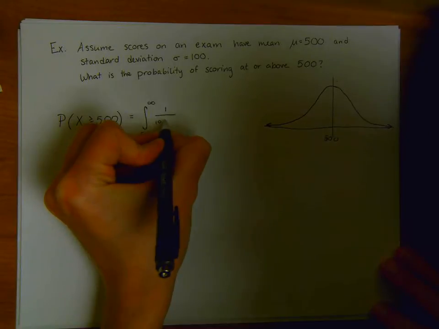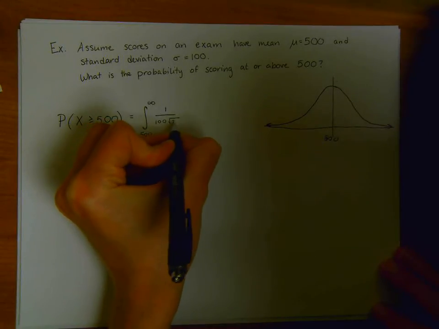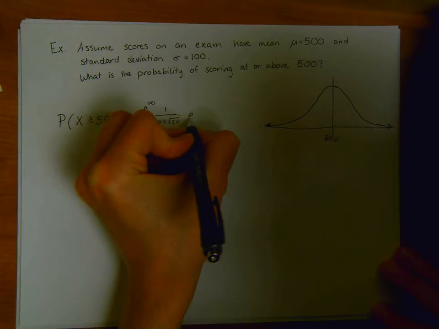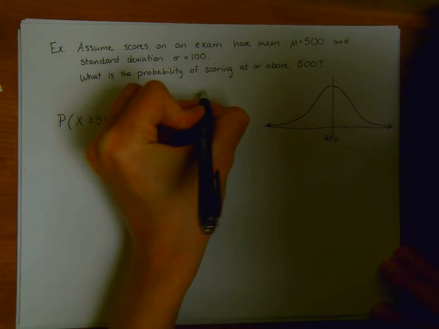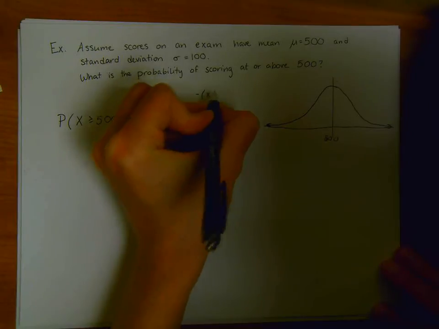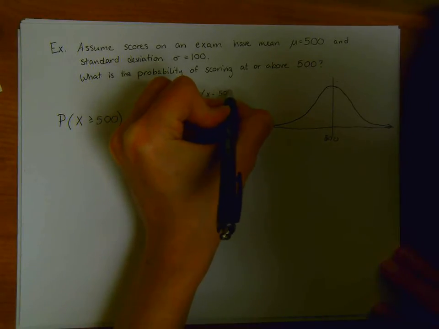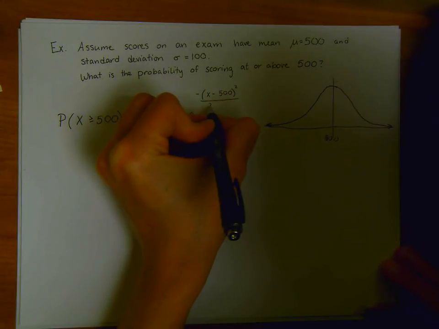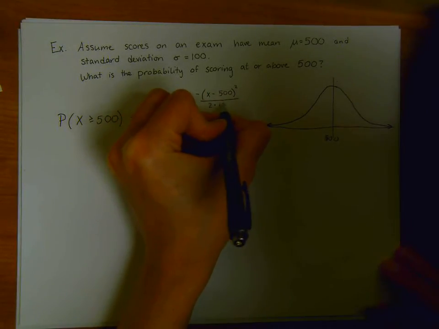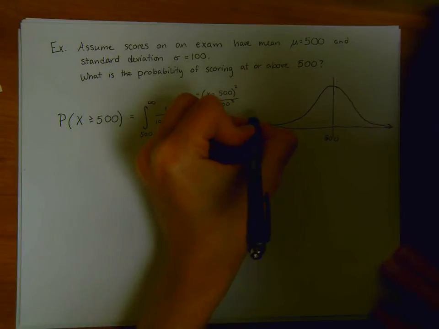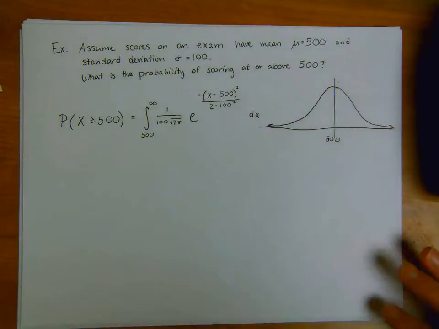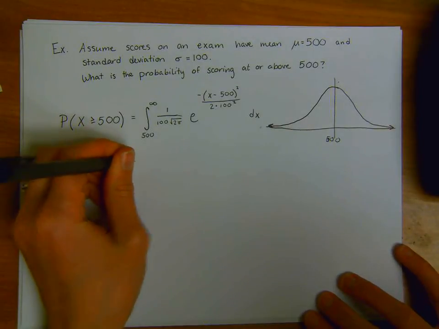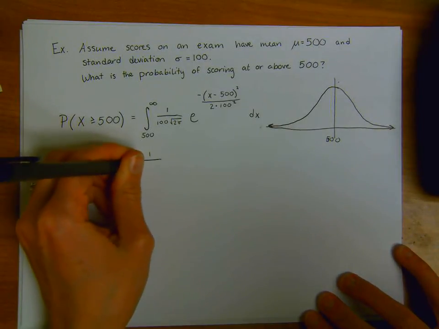Sigma is 100 times the square root of 2 pi multiplied by e to the negative (x minus mu) squared, all over 2 times sigma squared, 100 squared, dx. This looks like a really messy function, and it is. It's a very messy function.